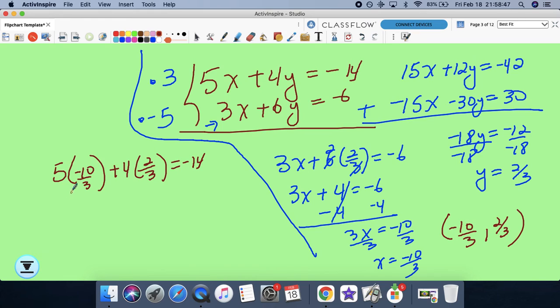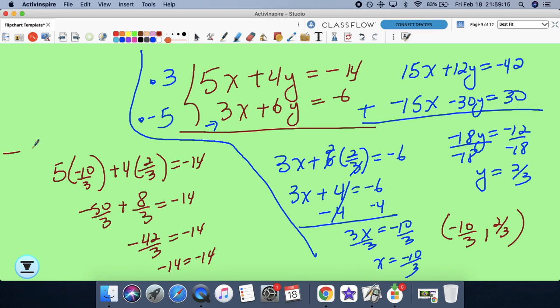Okay, so we get negative 50 over 3 plus, can I simplify this? Let's just write 8 over 3 equals negative 14. I can then do negative 50 and 8 is negative 42 over 3 equals negative 14. And look at that, it worked. And then that's equation 1.